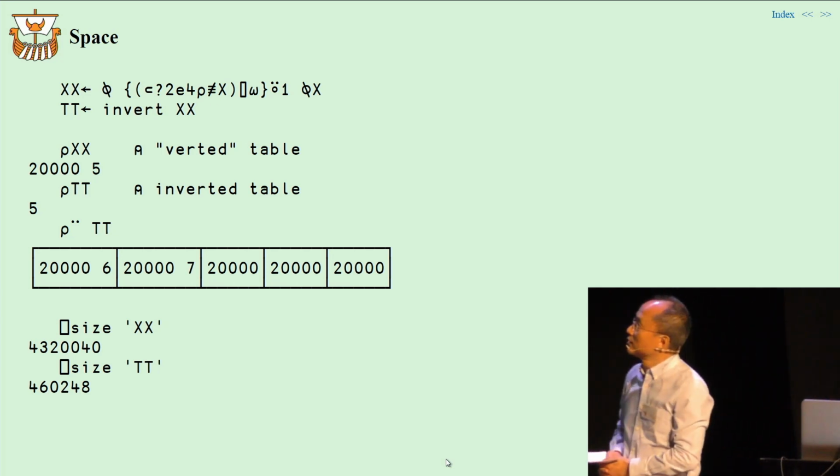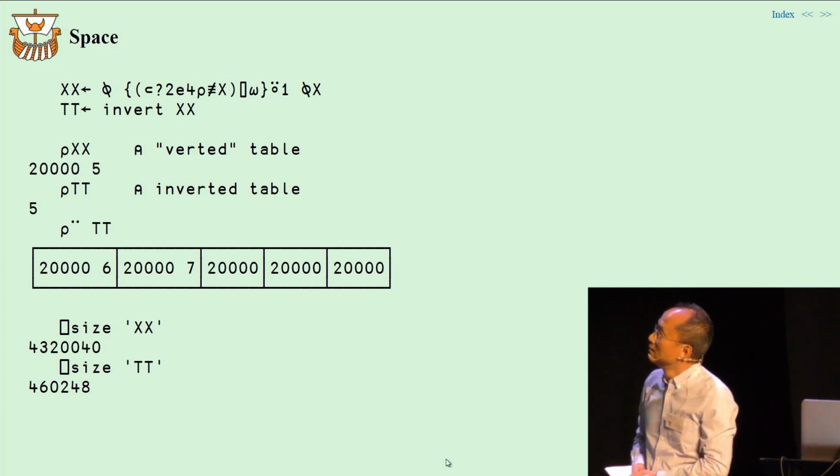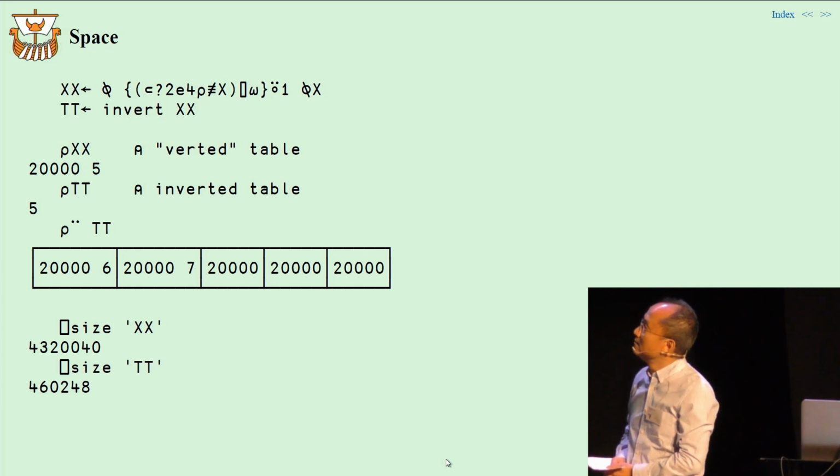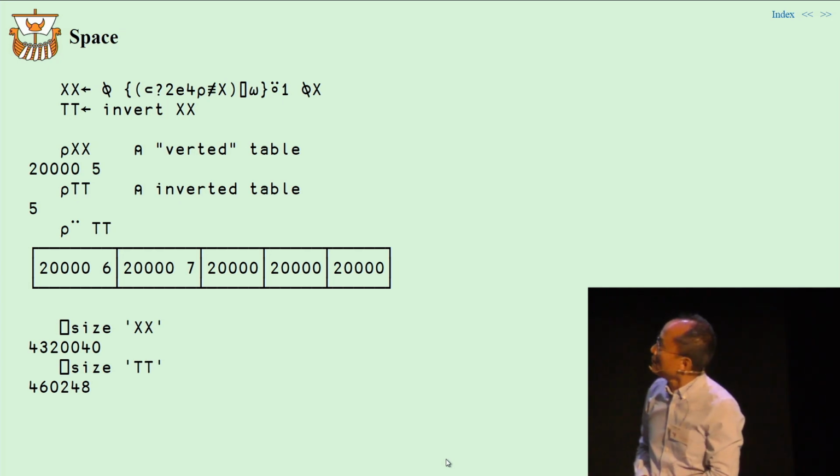As far as resource consumption, there's a big difference between a verted table and an inverted table. So I've created XX, a random verted table, and TT, a random inverted table. 20,000 rows, 5 columns.